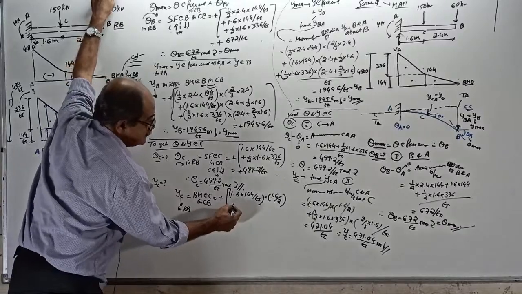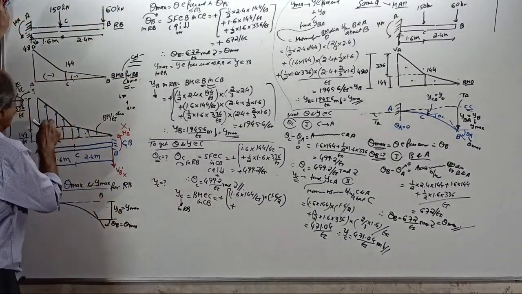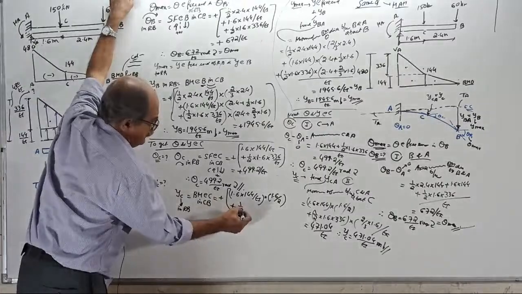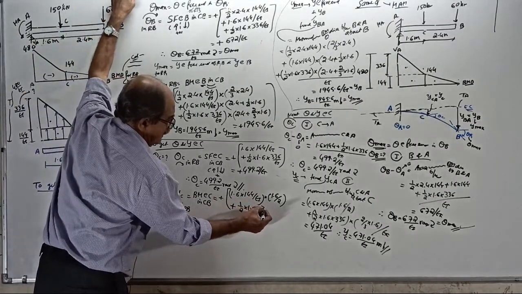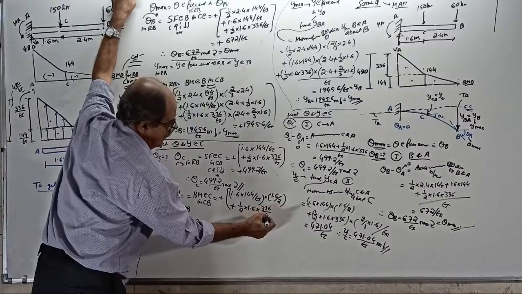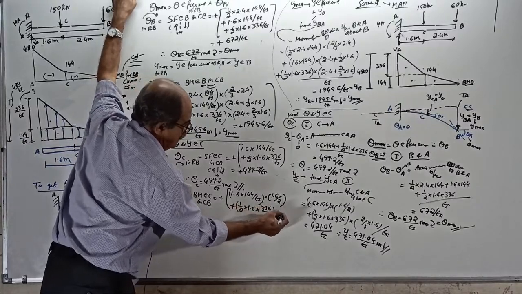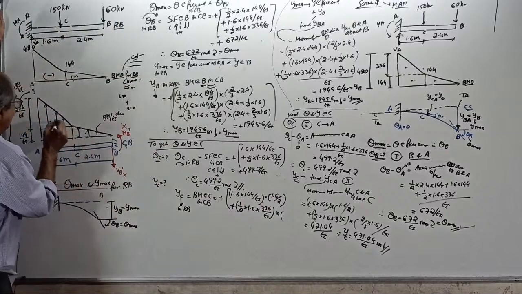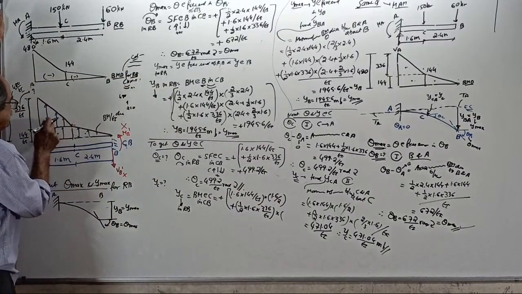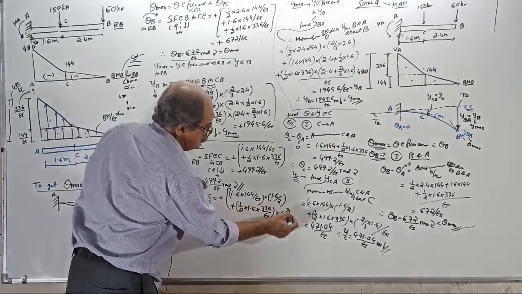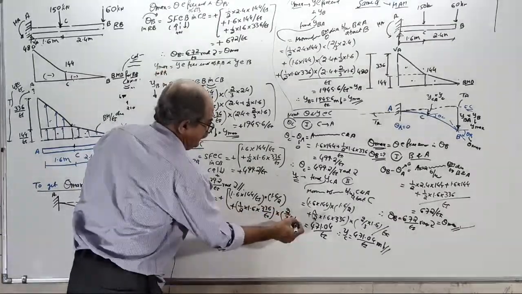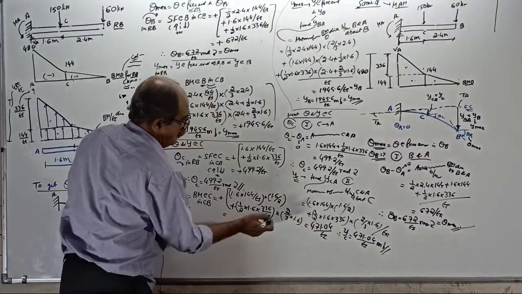Then plus one more, the moment of the triangle, half into 1.6 into 336 by EI, is the total load into BM at C. From here to here the distance is 2/3 of 1.6.